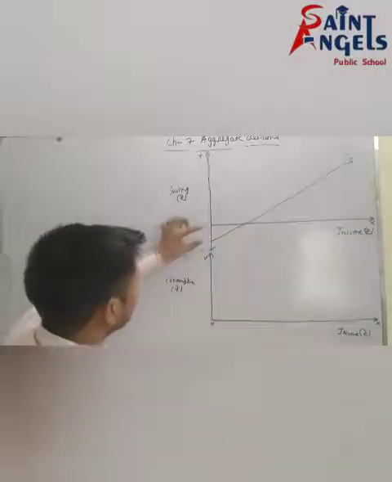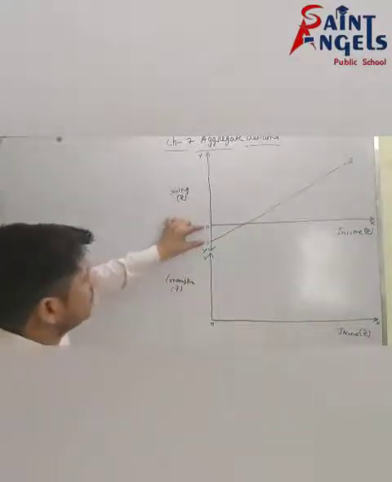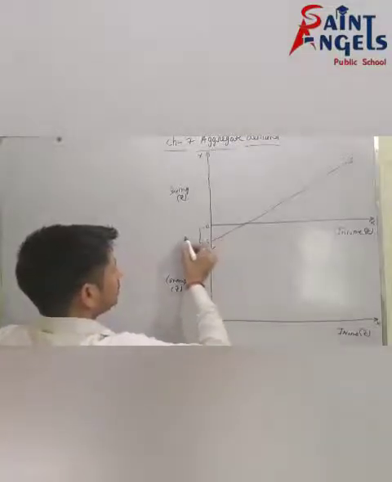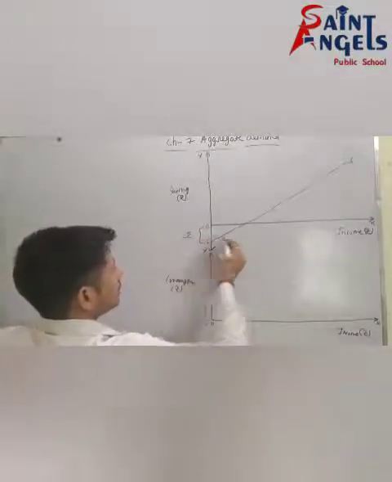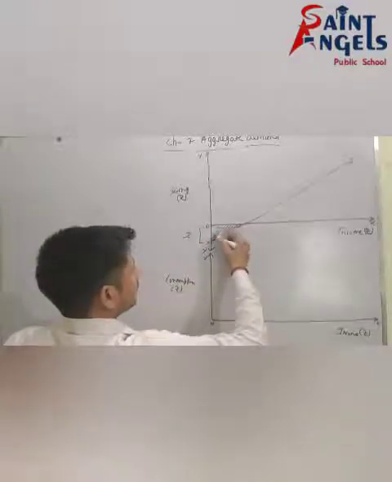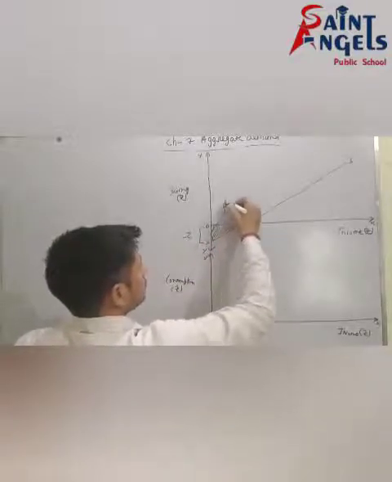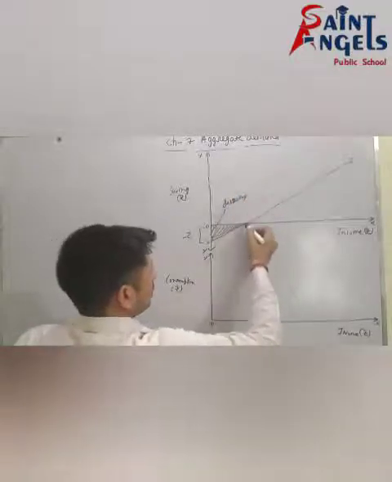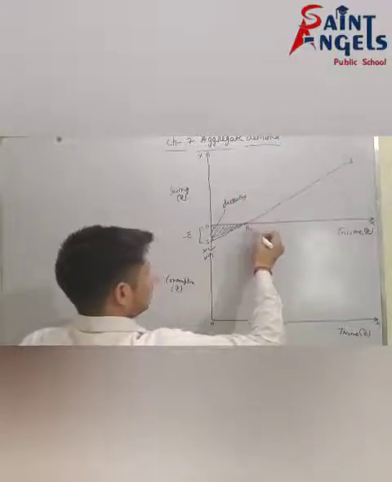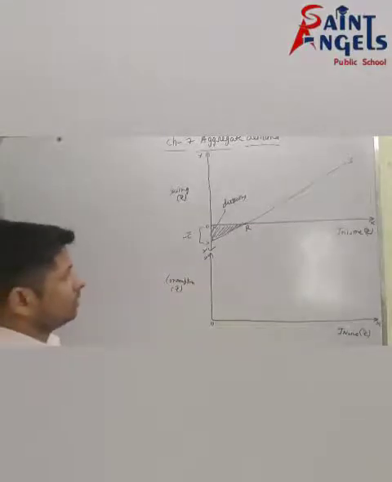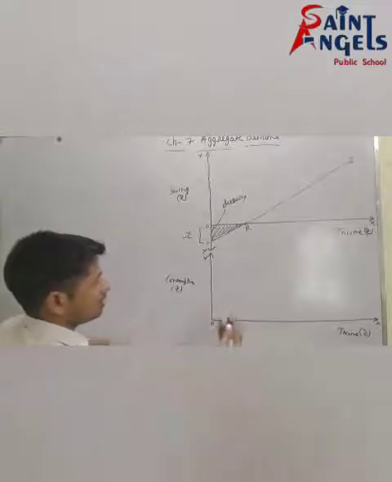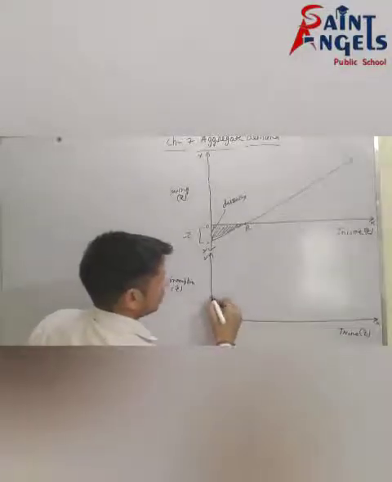This is the negative portion, meaning OS represents a negative amount. OS will be minus C bar, and this negative portion means dissaving. Suppose this is point R. Now the consumption curve is like this.